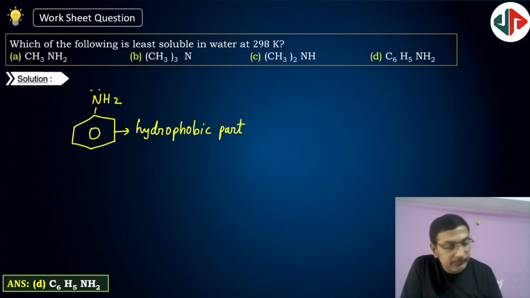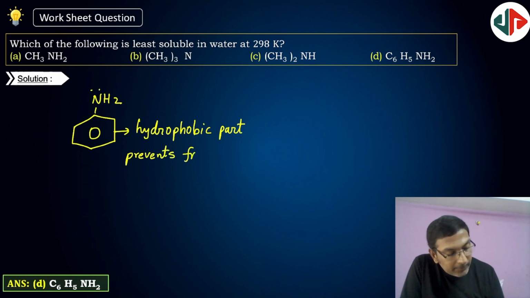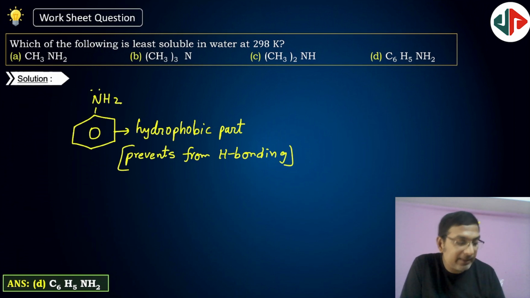This hydrophobic part prevents hydrogen bonding. So if the hydrophobic part is present, hydrogen bonding is not possible. Therefore, this compound will be least soluble.